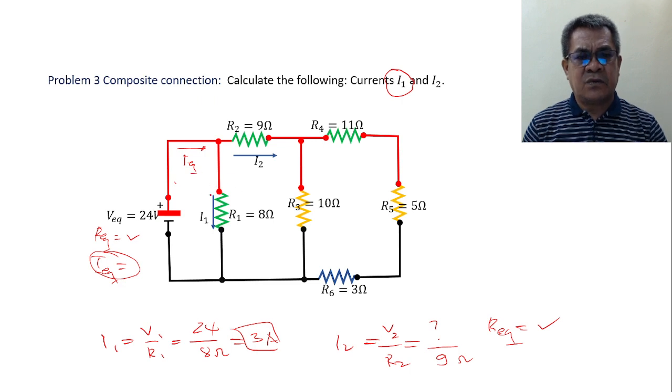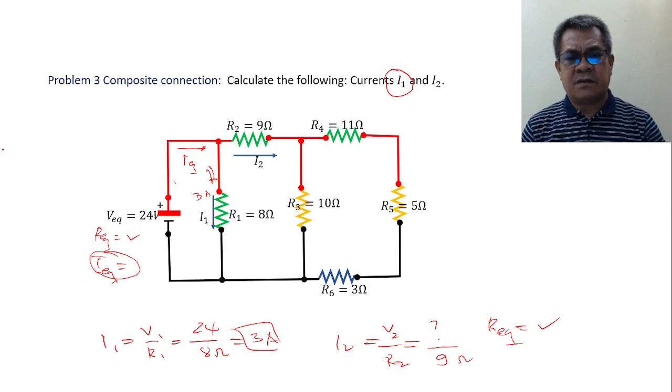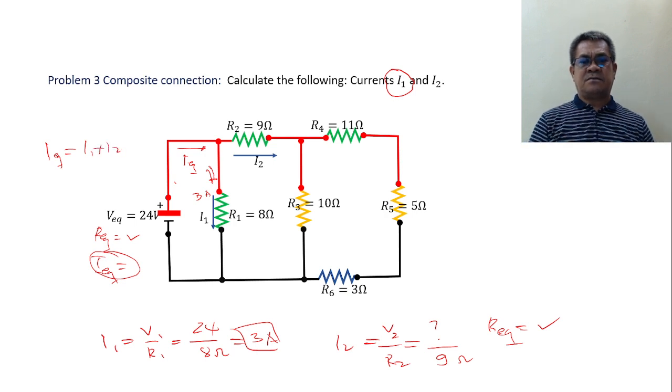And we have already identified that the current that passes through R1, I1, is 3 amps. So if you know I equivalent, remember, at that point, I equivalent is equal to I1 plus I2.